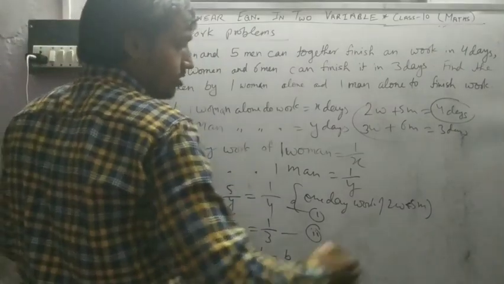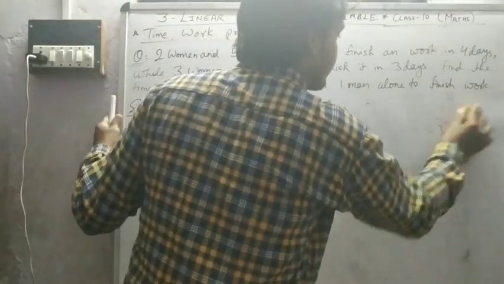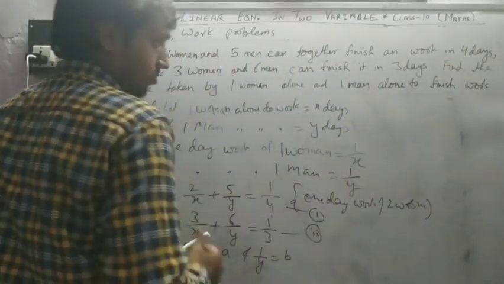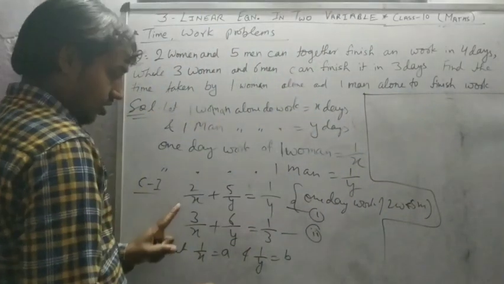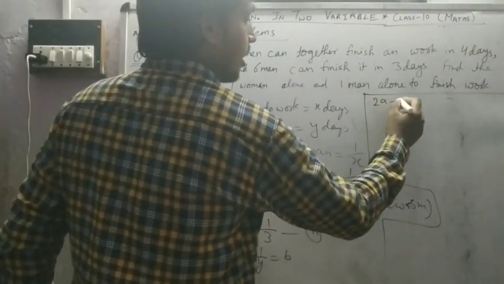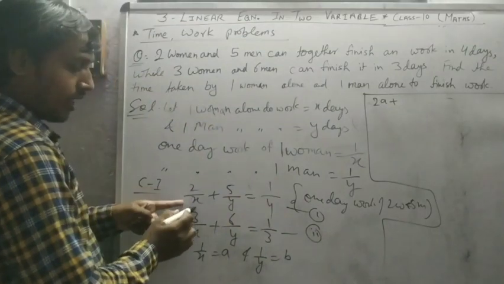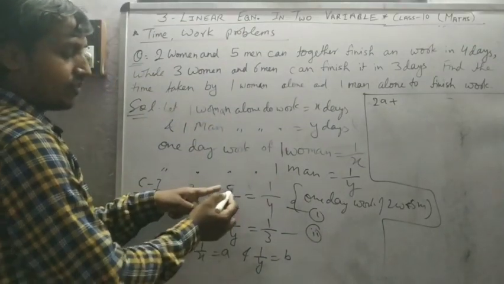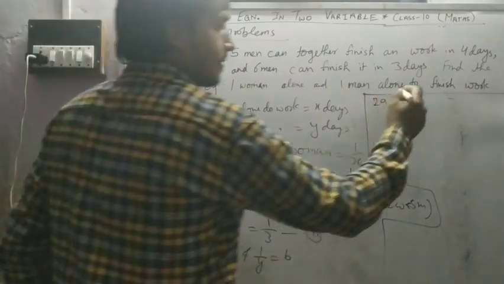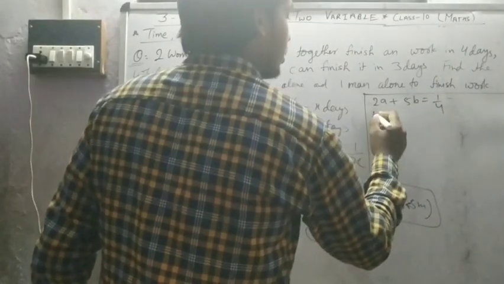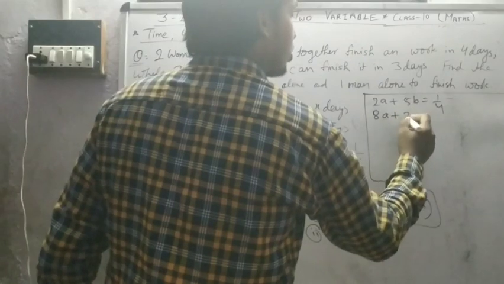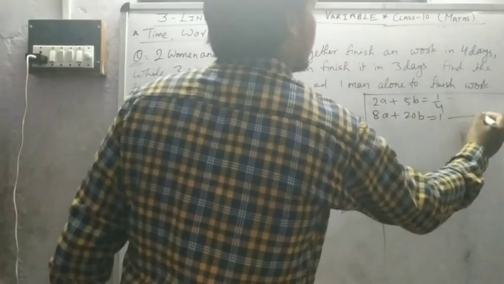So we get 2a plus 5b is equal to 1 upon 4. That means 8a plus 20b is equal to 1.